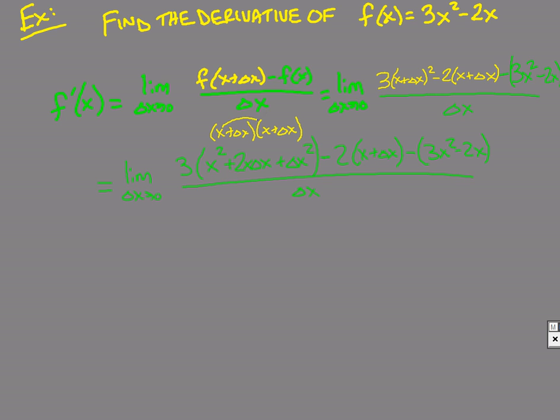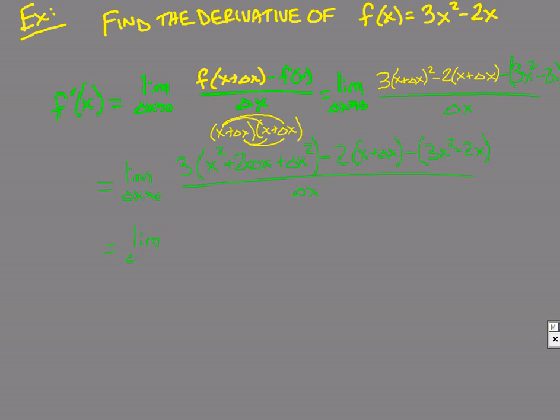So when I FOIL, I would have x squared. I'm going to have an x times delta x, I'm going to have another x times delta x, so 2x delta x, and then a delta x squared as a result from that part. Now, I also need to simplify all these. I just left them as they are because I'm going to have to distribute here as well. You can distribute and simplify however much you want to in one step.